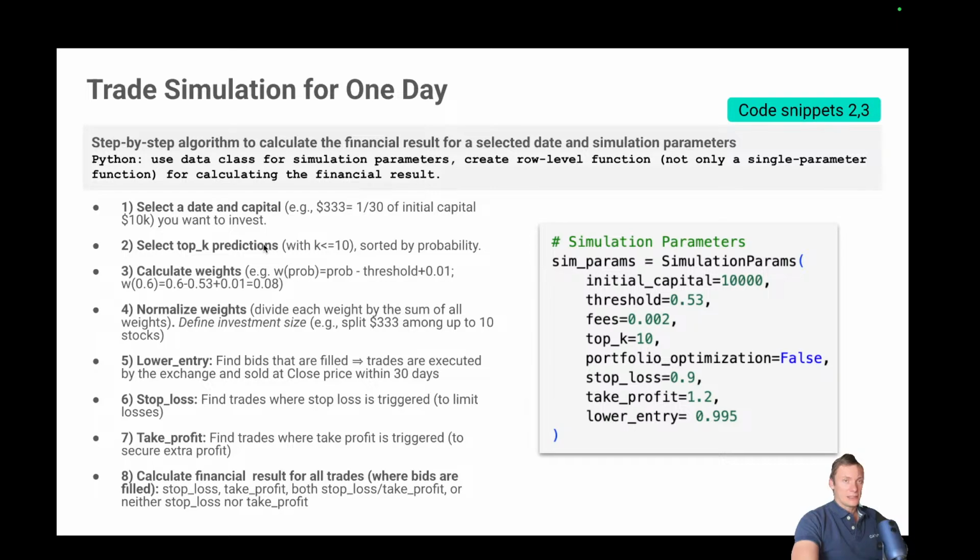So we select top K predictions. Here K is less than 30, less than 10, but you can do whatever you want. It can be 33, it can be maximum 5. Then calculate weights. Here I assign higher weights for more probable predictions. That's a debatable approach. It's called Kelly criterion, because we already filter the predictions by the threshold.